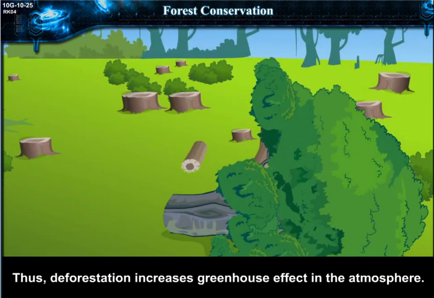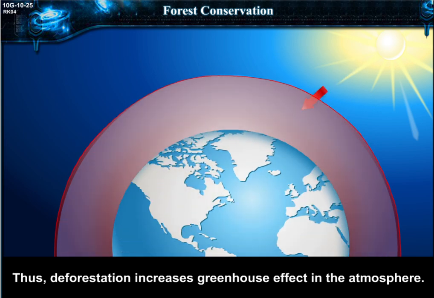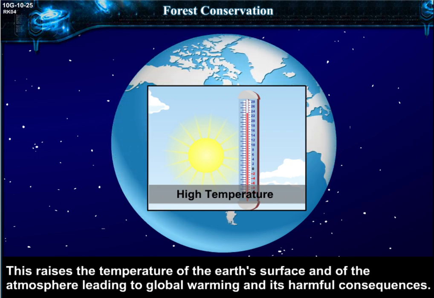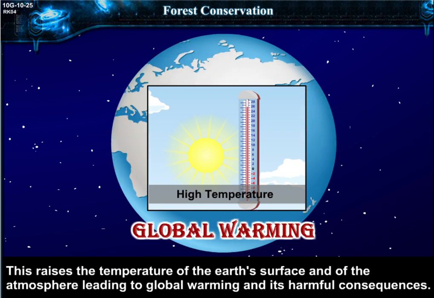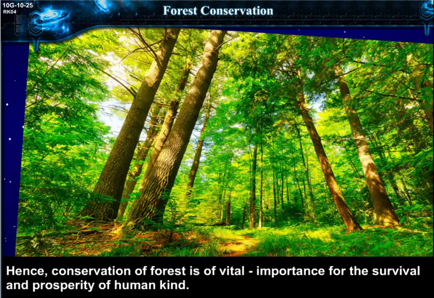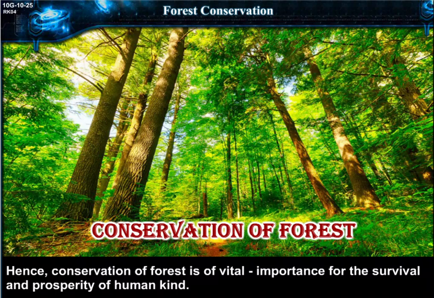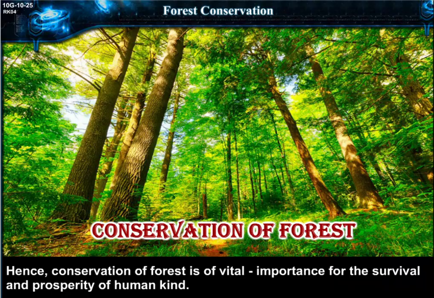Thus, deforestation increases greenhouse effect in the atmosphere. This raises the temperature of the Earth's surface and of the atmosphere, leading to global warming and its harmful consequences. Hence, conservation of forest is of vital importance for the survival and prosperity of humankind, isn't it?